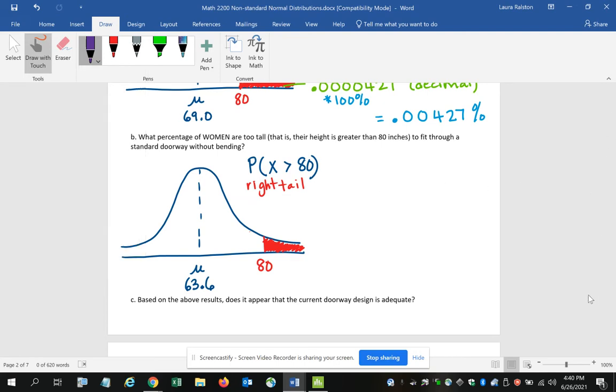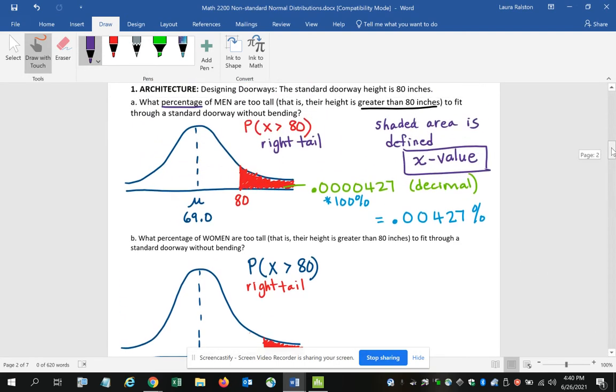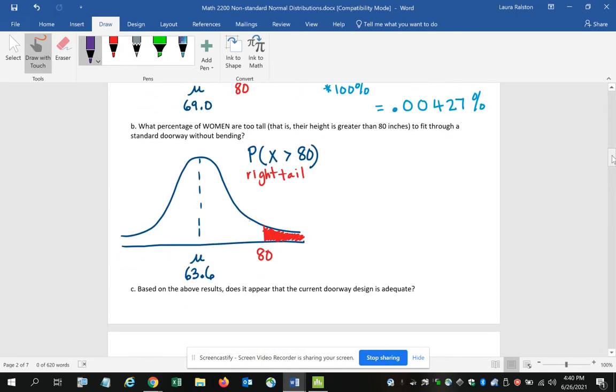Okay, again, that gives me the clue that the shaded area is defined by the x value. Again, we were given the x value.